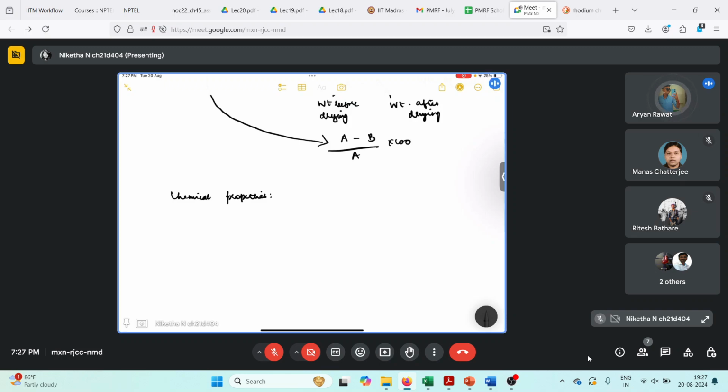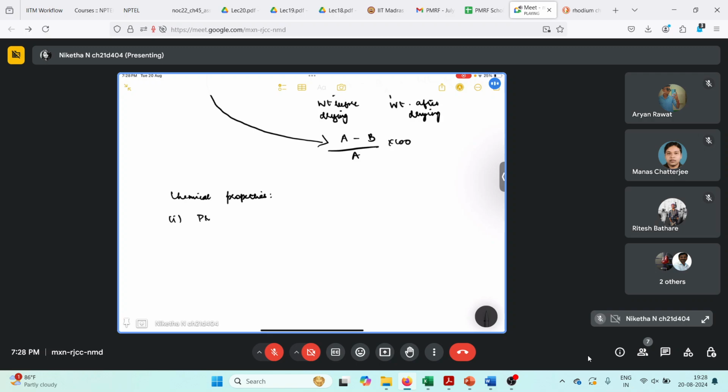I think there is a confusion between chemical properties of solid wastes and chemical properties of water. Since we are talking about solid wastes, in chemical properties, we don't necessarily have heavy metals. We have other properties like the moisture content, volatile contents and all.